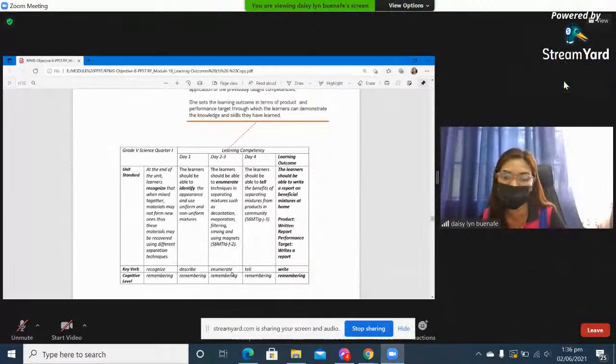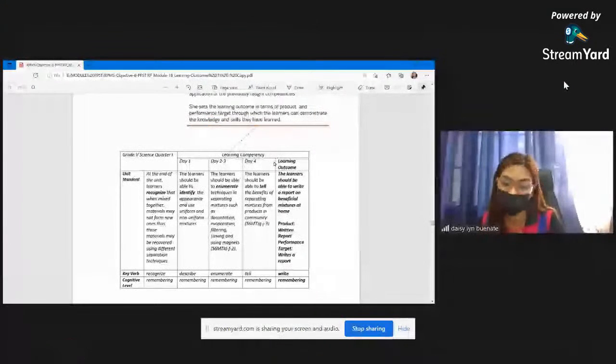Remembering still. For day 4, the learner should be able to tell the benefits of separating mixtures from products in the community. The key verb is tell. The cognitive level, still remembering. Then the learning outcome: the learner should be able to write a report on beneficial mixtures at home.